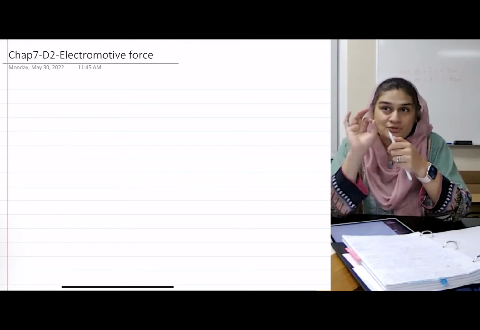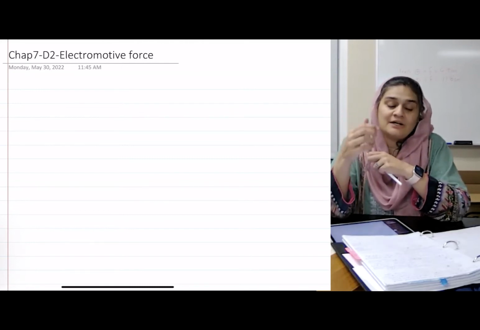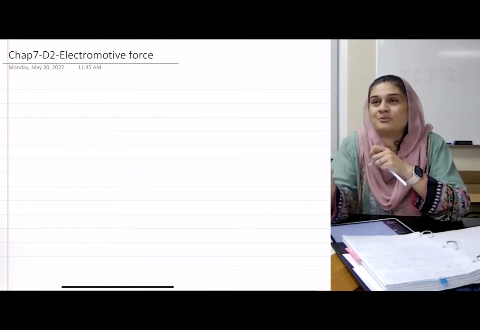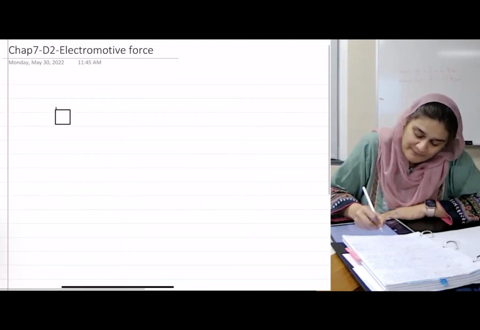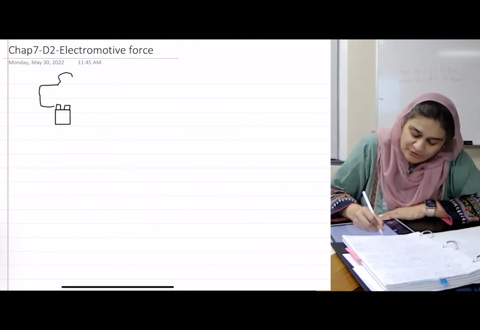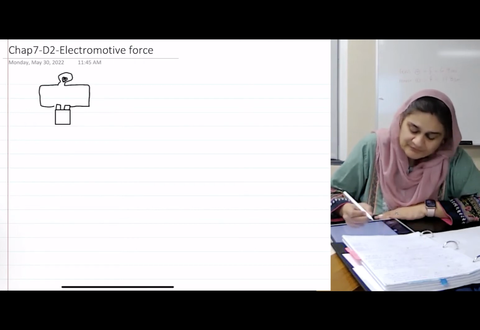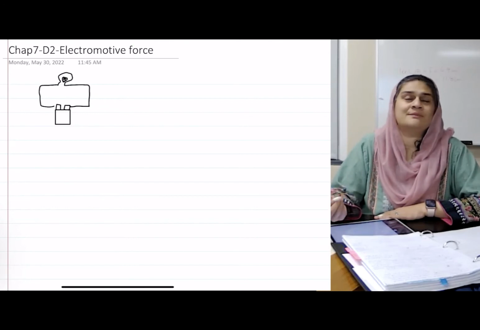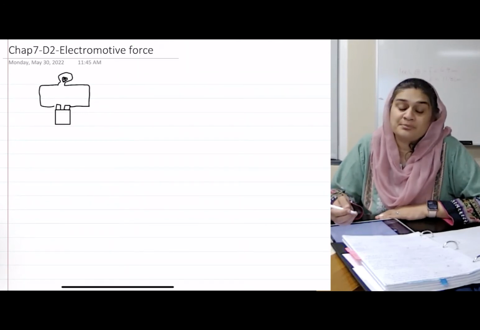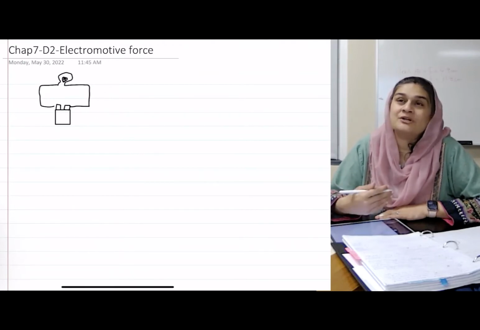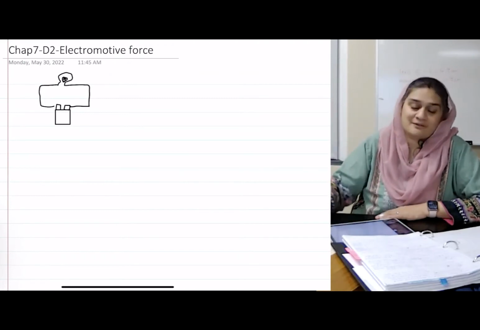That is only true for ideal sources of electromotive force. Basically, it is a battery that is connected to a load of some kind. It could be a light bulb, a resistor, or something else. So the battery provides the voltage difference, whereas the electromotive force pushes the electrons around.